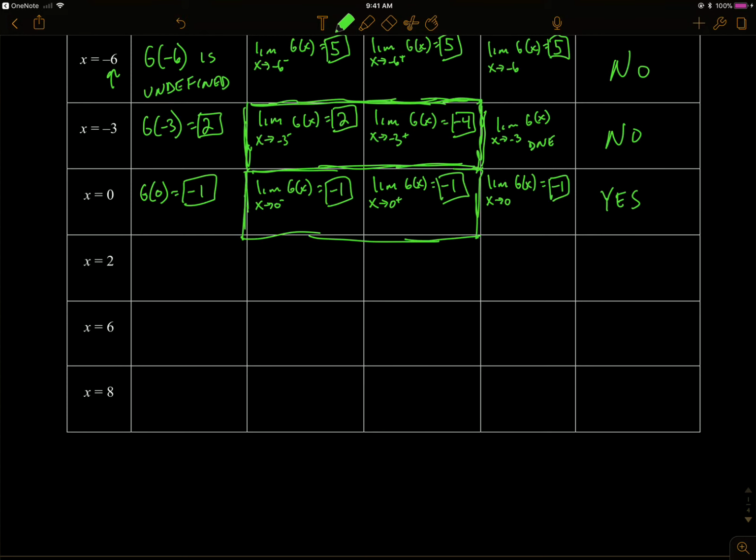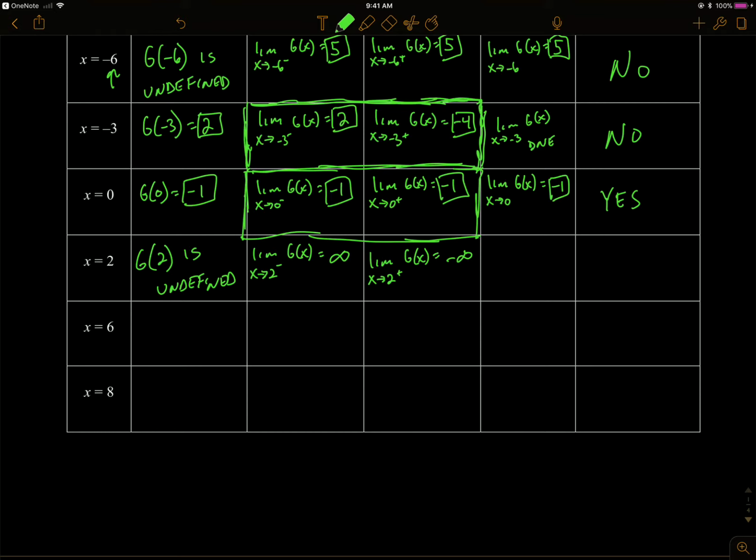Let's move on to 2. g of 2 is undefined. The limit as x approaches 2 from the left of g of x is infinity. Sorry, my g's look like 6's, sort of. The limit as x approaches 2 from the right of g of x is -infinity.